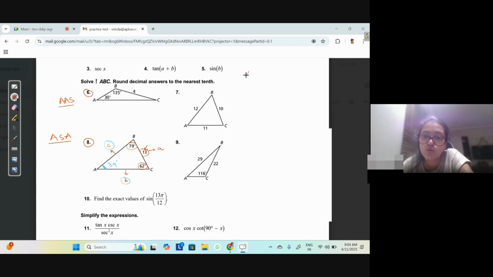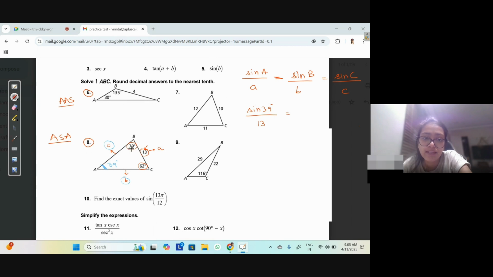Okay, so you write the formula of law of sines. Sine of angle A over small a equals sine of angle B over small b equals sine of angle C over small c. Now you put all the values. You know angle A is 39, so sine of 39 degrees over small a, which is given as 13.